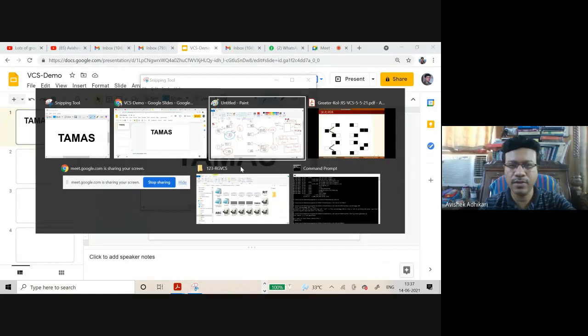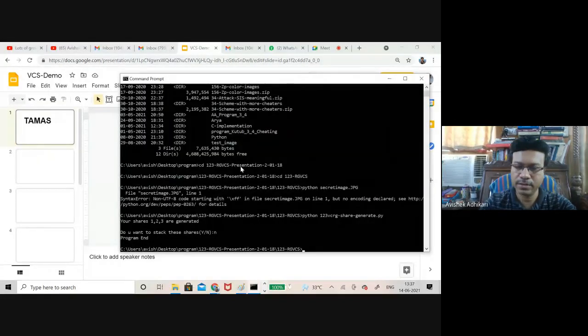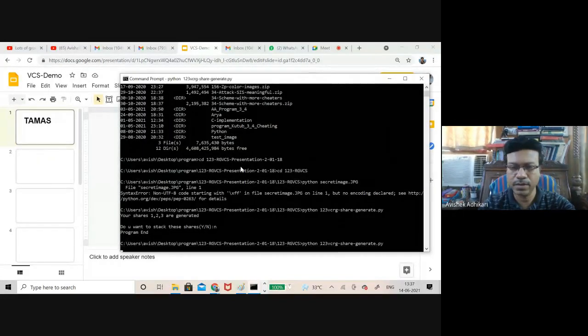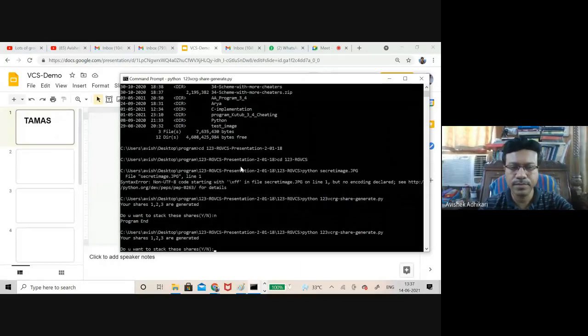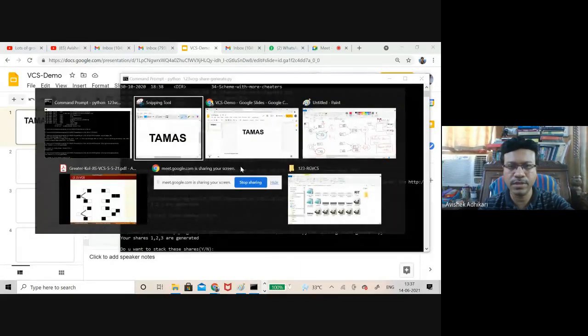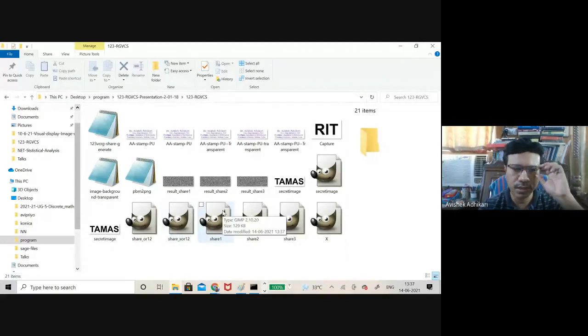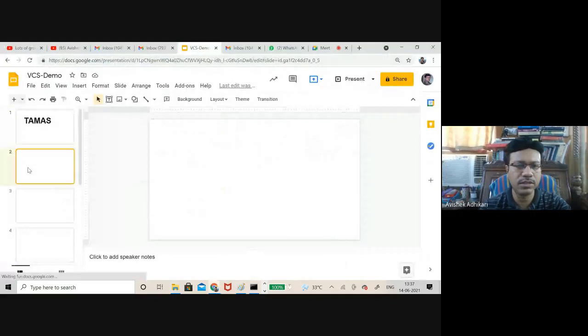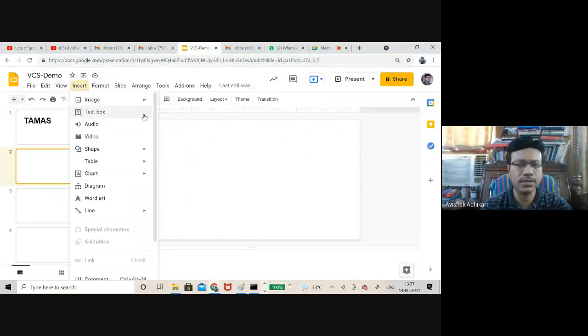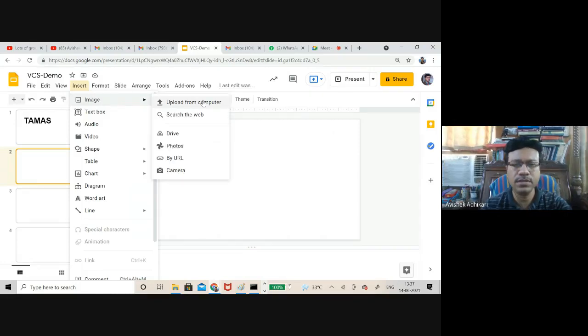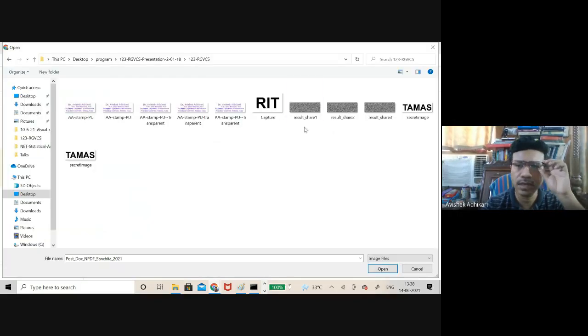Now I run my program. Okay, let's see how these shares are generated. So Tamos was my secret and a few shares are generated: share 1, share 2, share 3. So I just took them up and inserted images.